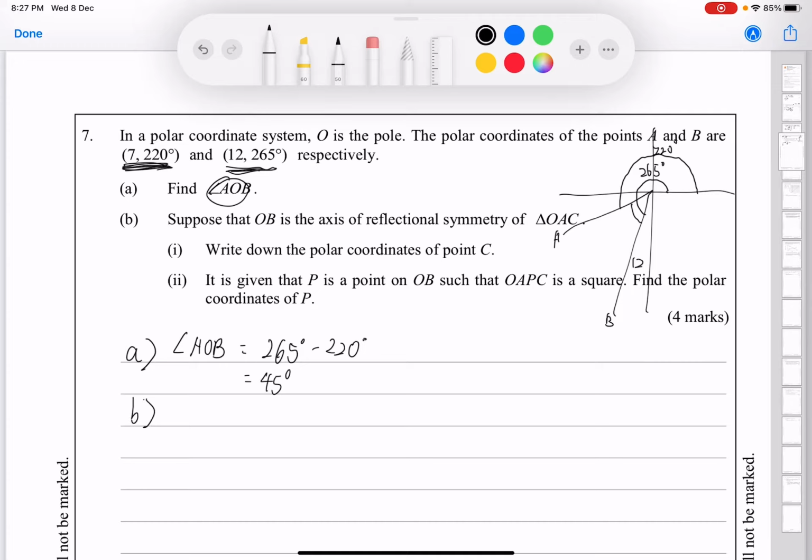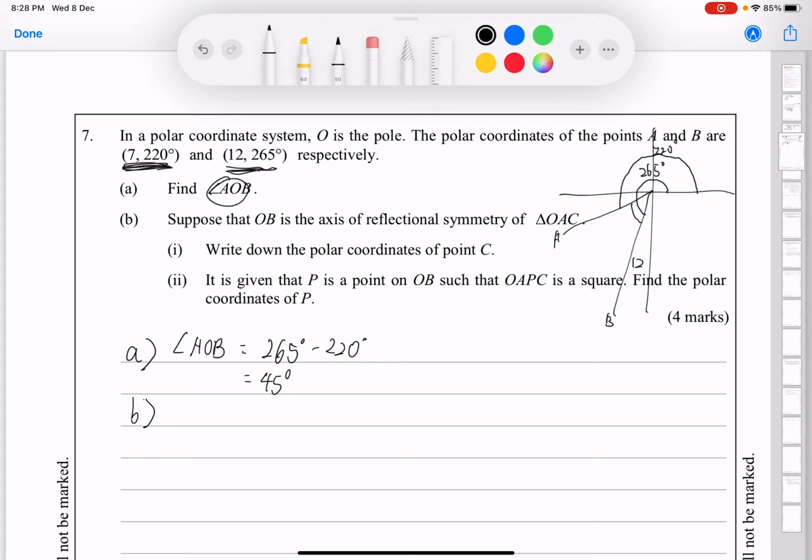Okay, continue to B. Write down the polar coordinates of C. What is C? OB here is the axis of reflectional symmetry of triangle OAC.